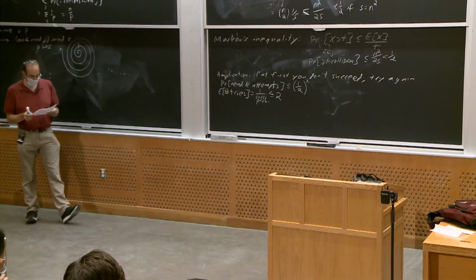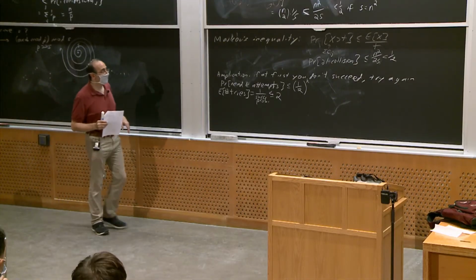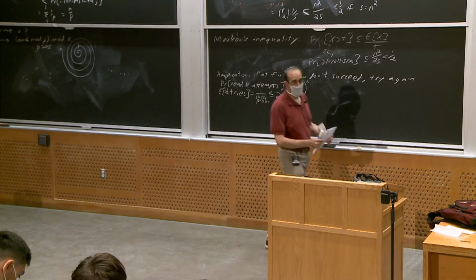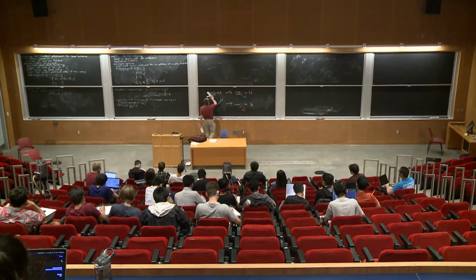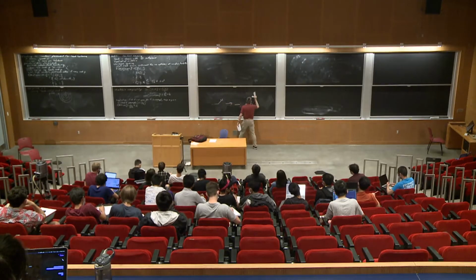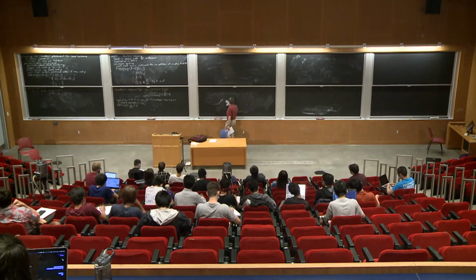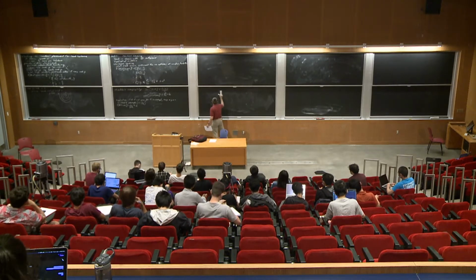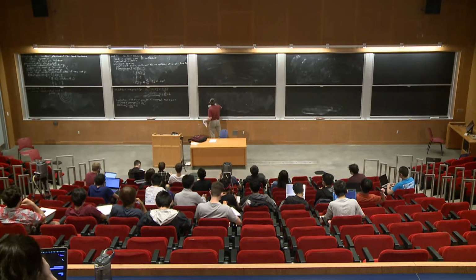Okay? So this is pretty much all the probability that you need to know for this class, because this is not randomized algorithms. You should take that next year. It's almost all the probability that you need to know for randomized algorithms, but there's a little bit.